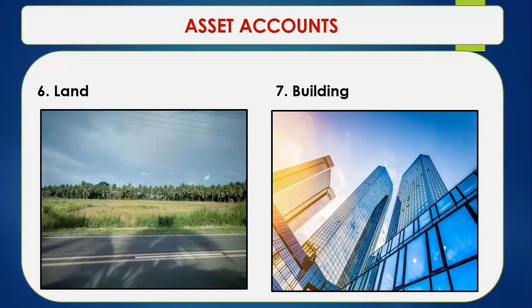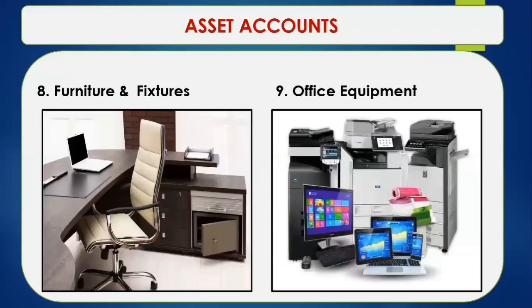Another asset account, we have building, and this refers to the infrastructure owned by the company that is being used in the business. Next, we have furniture and fixtures. These refer to the movable furniture and fixtures that have no permanent connection to the structure of the building.